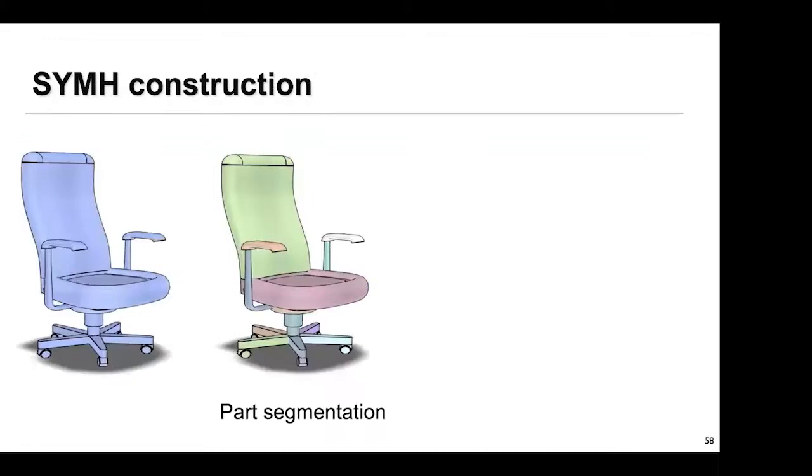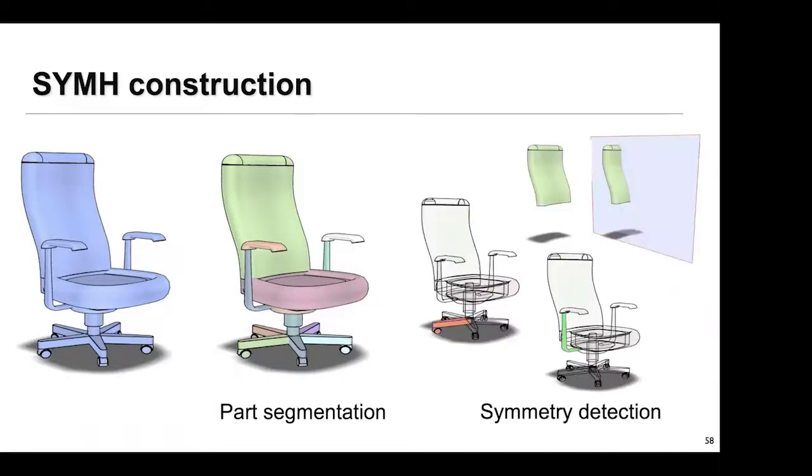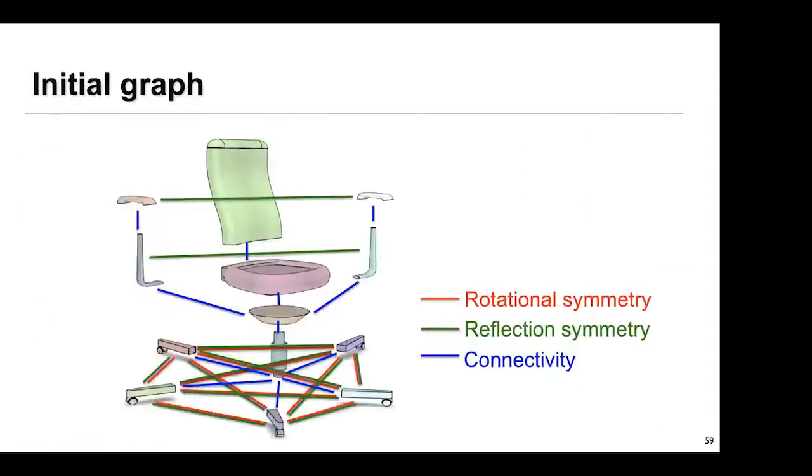Now here is a more progressive example of a symmetry hierarchy for a chair model. Here we first assume that you already have a part segmentation, and the key is to learn an organization of the parts. So we have self-symmetries for each part, if there is one. And we also detect all the reflection symmetries. Here you see the two armrests are reflectionally symmetric, and also all the rotational symmetries.